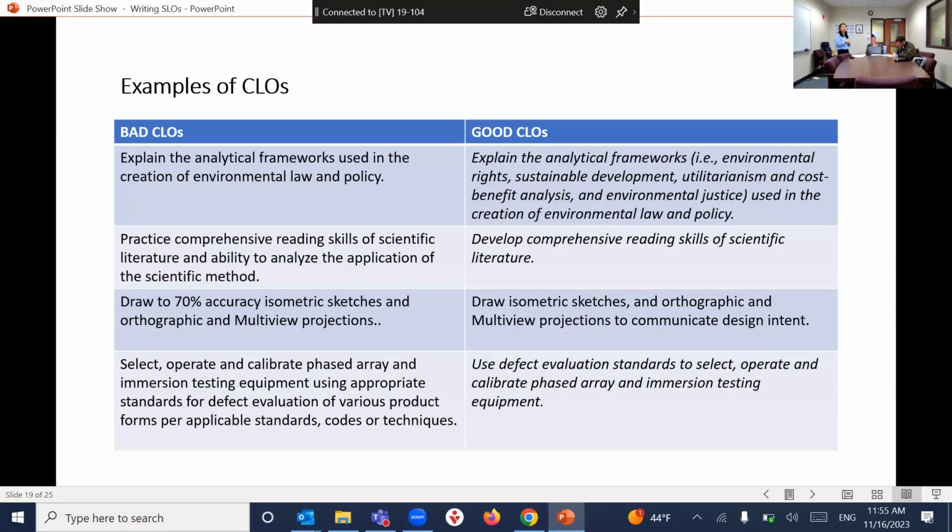These are examples at the course level, okay, course learning outcomes. The first one: explain the analytical framework used in the creation of environmental law and policy. What could be the issue?